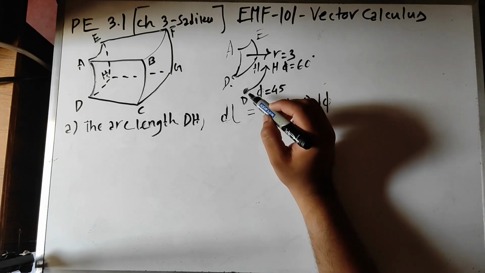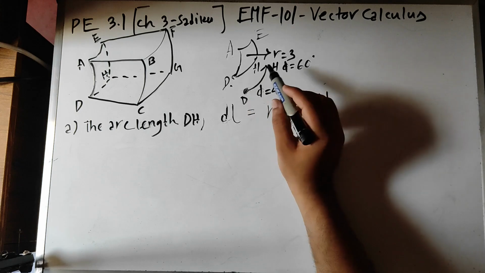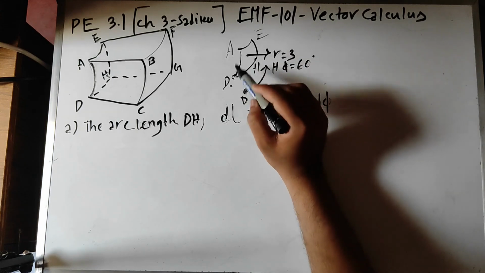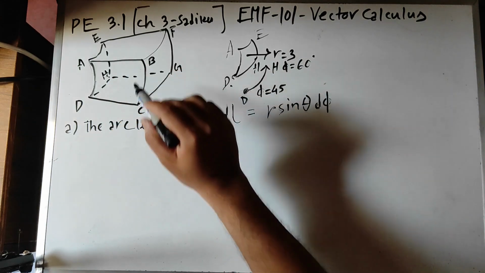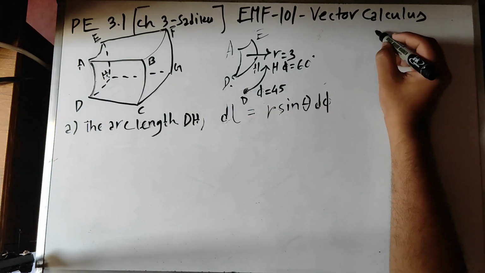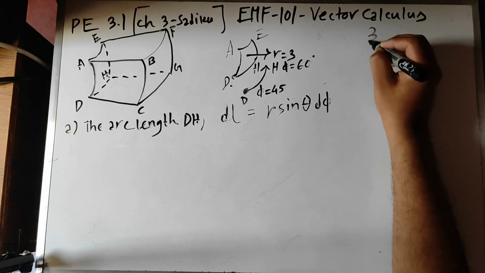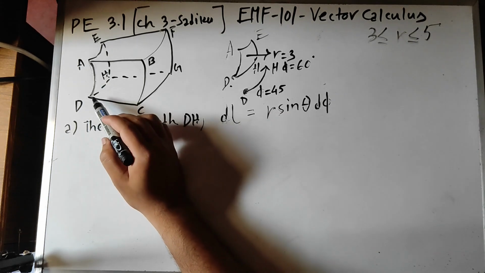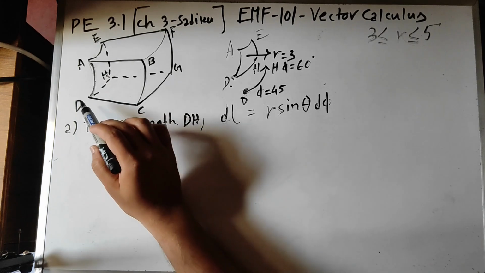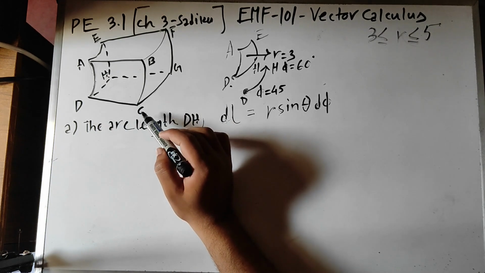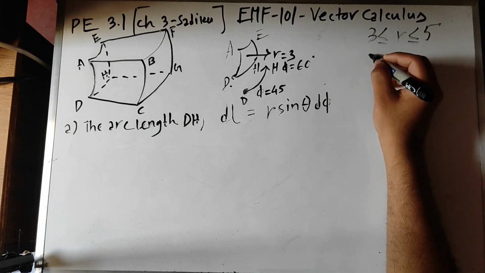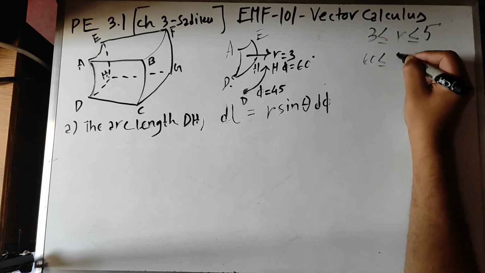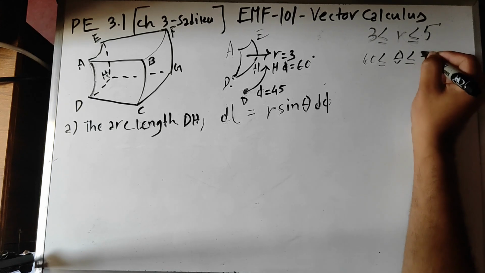Here we define a point from D traveling to H. This figure is in spherical coordinates, and the range of r is from 3 to 5. At D, r is 3, and at C, r is 5.